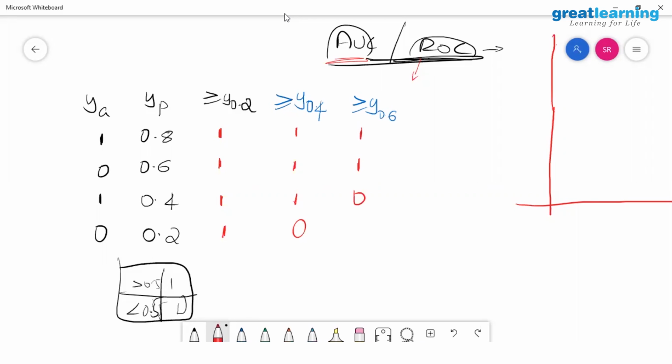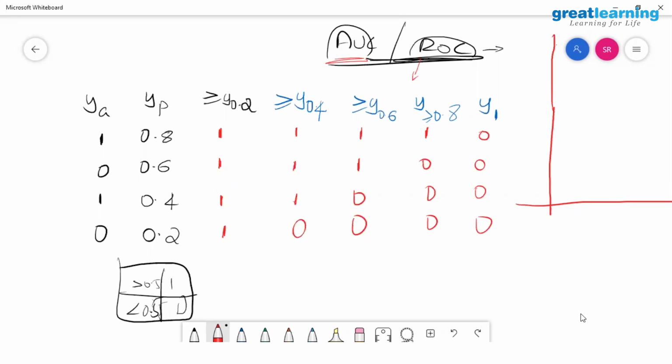Still two more. Greater than or equal to 0.8, what happens here? 1, 0, 0, 0. And what happens for a threshold of 1? All 0.